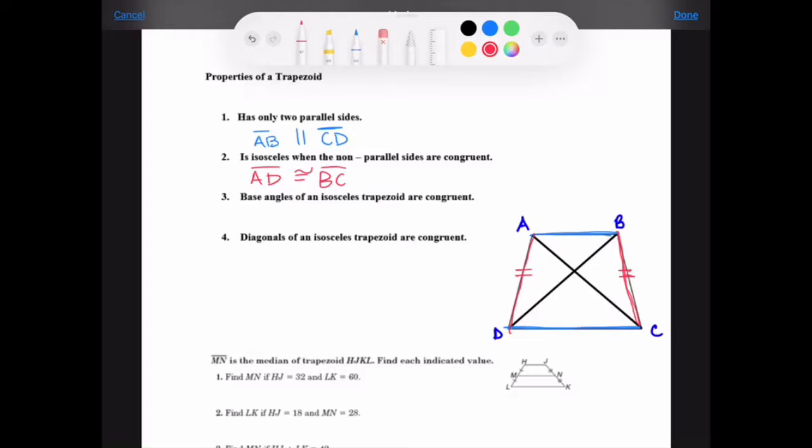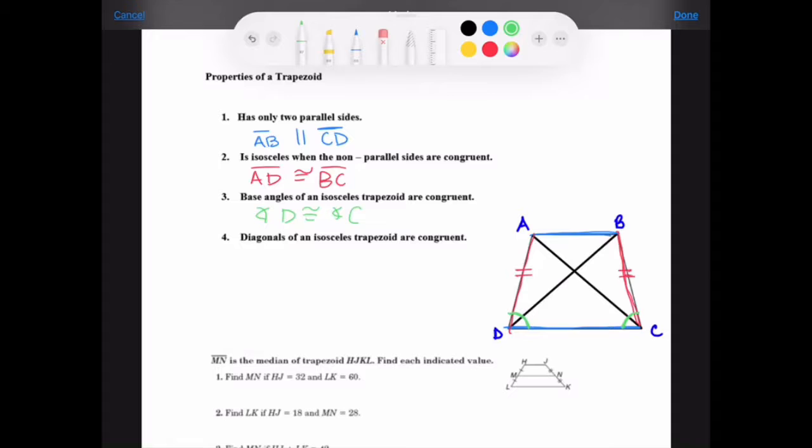Next, it says that base angles of an isosceles trapezoid are congruent. So since we know that this is an isosceles trapezoid, now we know that their base angles, angle D and angle C, are congruent. Right? Finally, the diagonals of an isosceles trapezoid are also congruent.